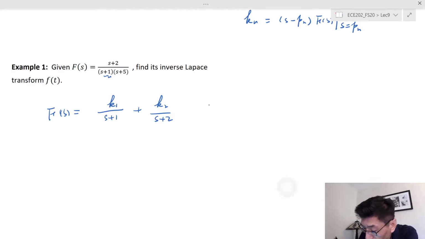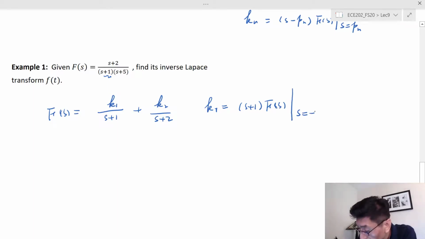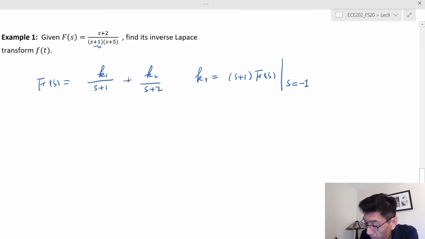So the residue K1, based on what we just discussed, should be equal to S plus 1, which is S minus P1, times F(s), and we evaluate it at the first pole, which is -1. If we multiply F(s) by S plus 1, it will be cancelled, so we have S plus 2.